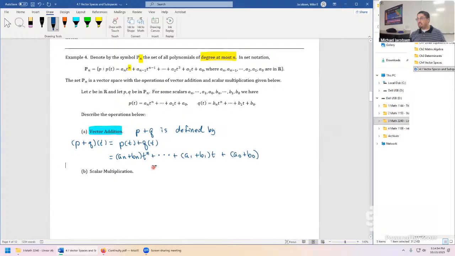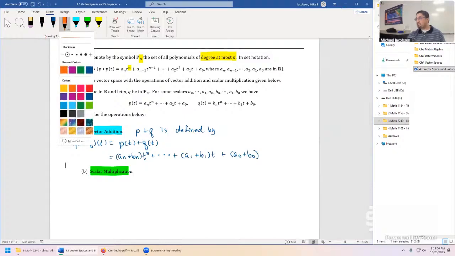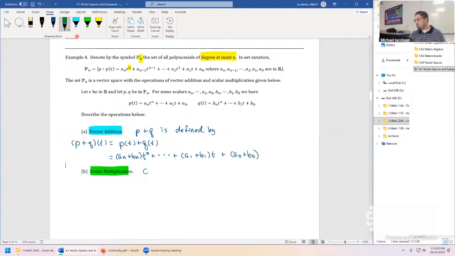Scalar multiplication is the same kind of deal. For scalar multiplication, we would say cf is defined by, we should be specific because I don't think we have defined c anywhere.